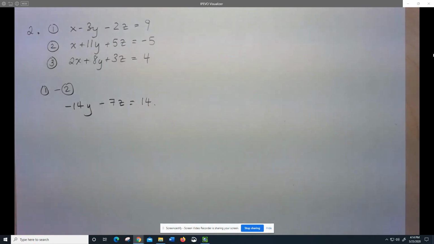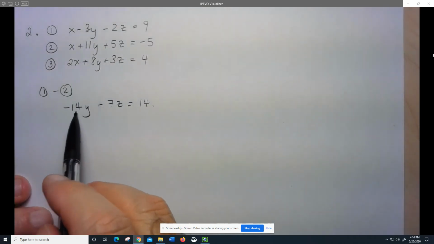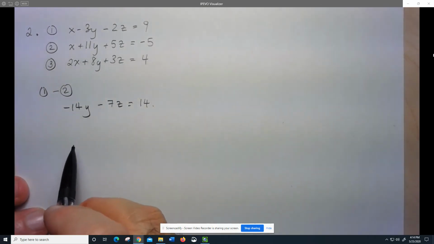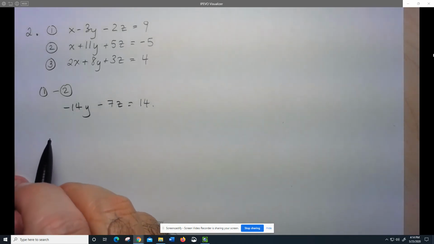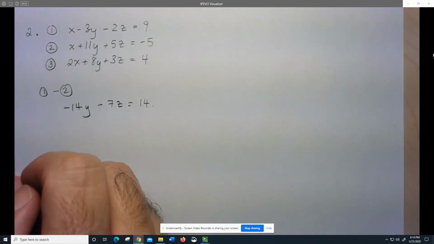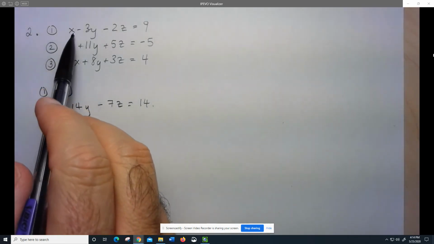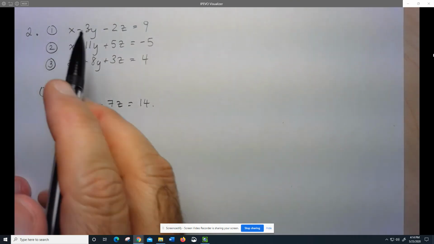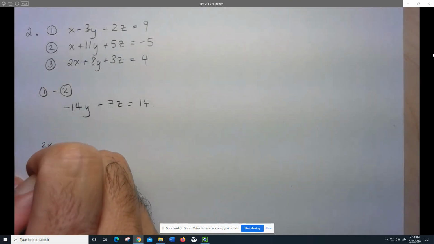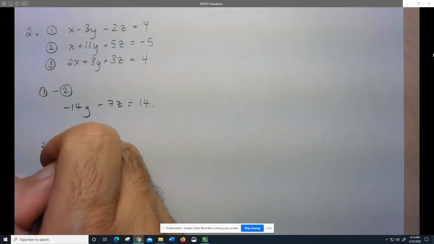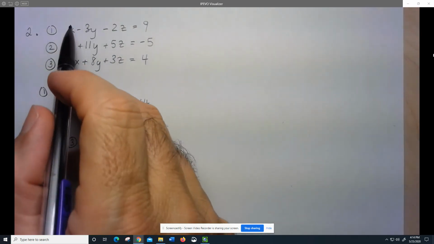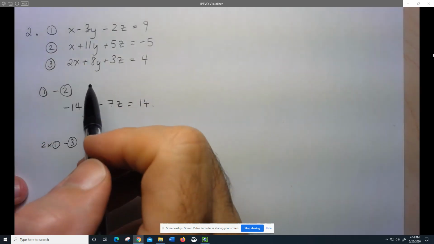Okay, and that actually works quite nicely. Last time I was a little too quick to simplify this, so I'll leave myself a bit of room in case I do want to simplify it, but I think for now we'll leave it as is. Now let's use equations 1 and 3. I'll do 2 times equation 1, and then I'm going to subtract equation 3. So 2x minus 2x is 0.